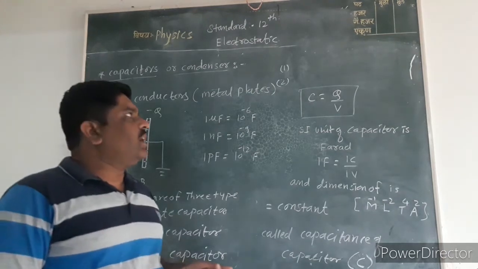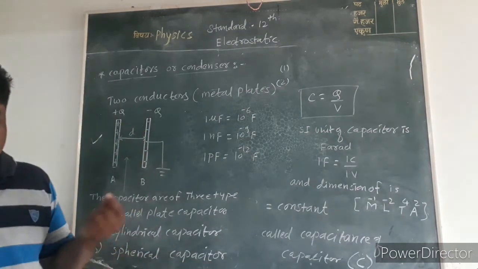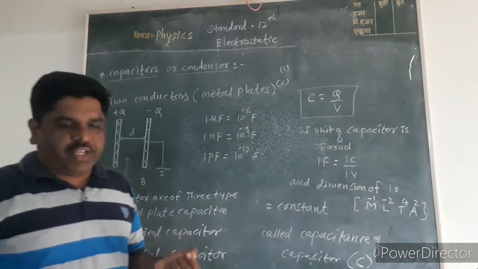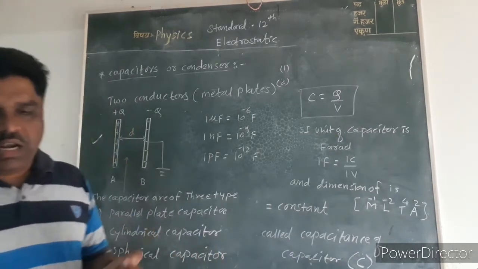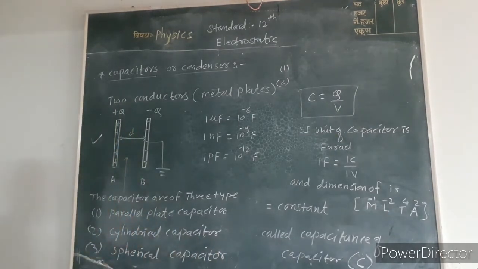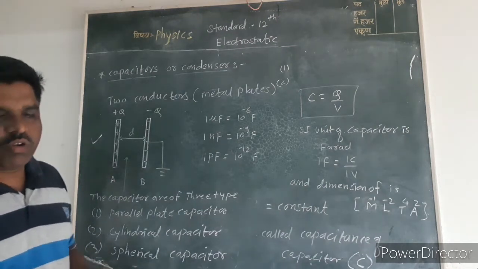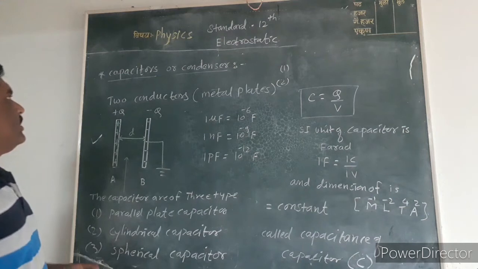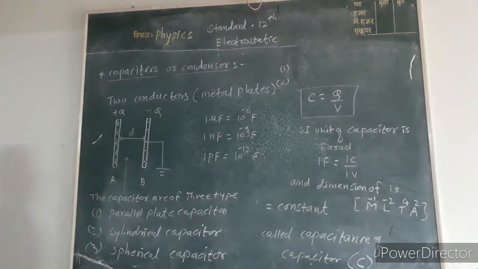And third application, it is used for storage of a large amount of charge, and this large amount of charge is used in nuclear reactors. These are some uses and applications of capacitor.